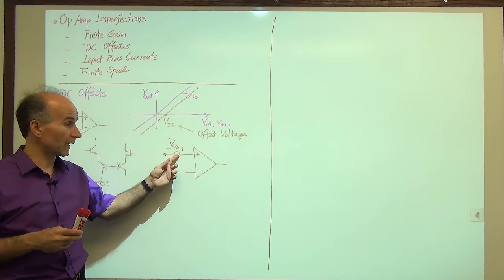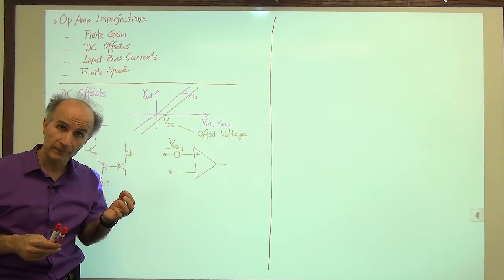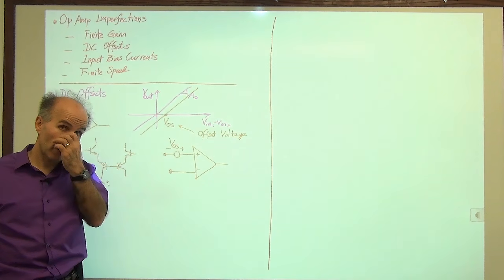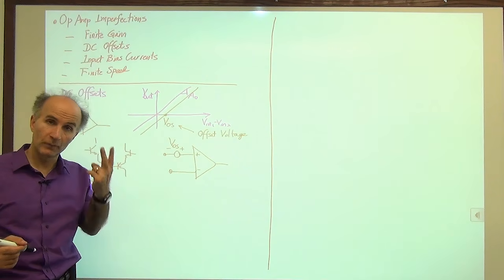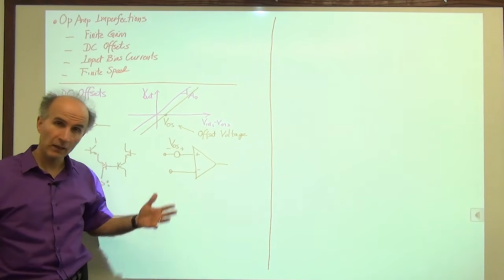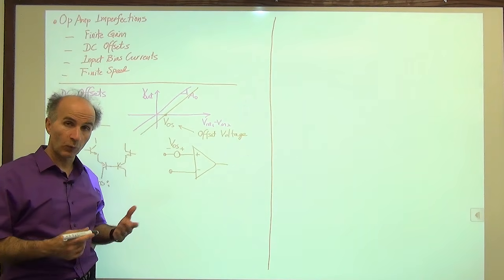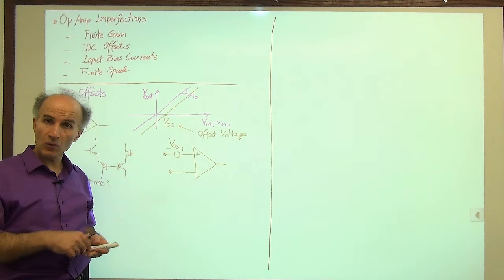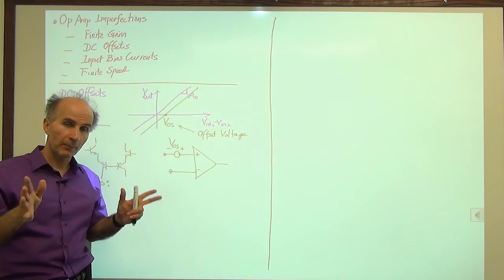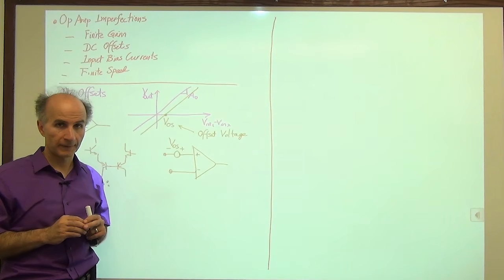So the value of this offset voltage is random, even its sign is random. When we say the offset voltage of this op amp 741 is, let's say, 2 millivolts, what does that mean? It means that if we take many, many samples of 741 and measure their offsets, most of them seem to have an offset of less than approximately plus or minus 2 millivolts.